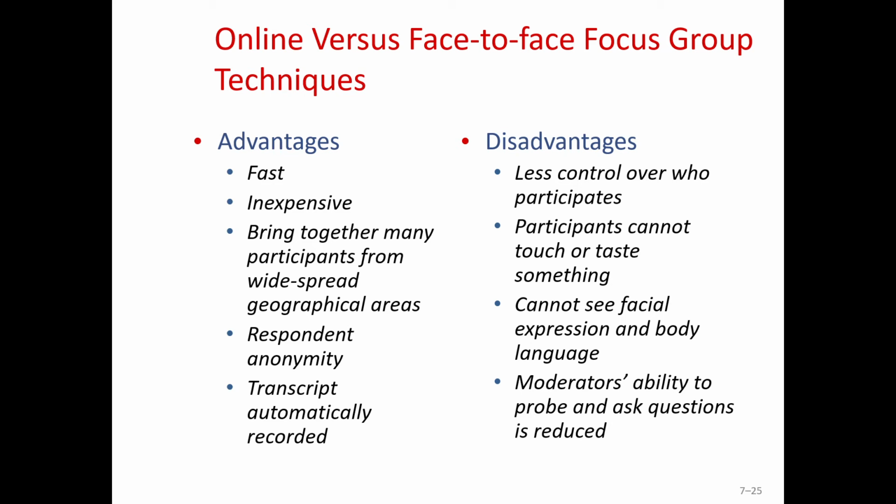Because participants do not have to be together in the same room at a research facility, the number of participants in an online focus group can be larger than in traditional focus groups. 25 participants or more is not uncommon for a simultaneous chat room format, and they can be in widely different locations since the internet does not have geographical restrictions and boundaries.